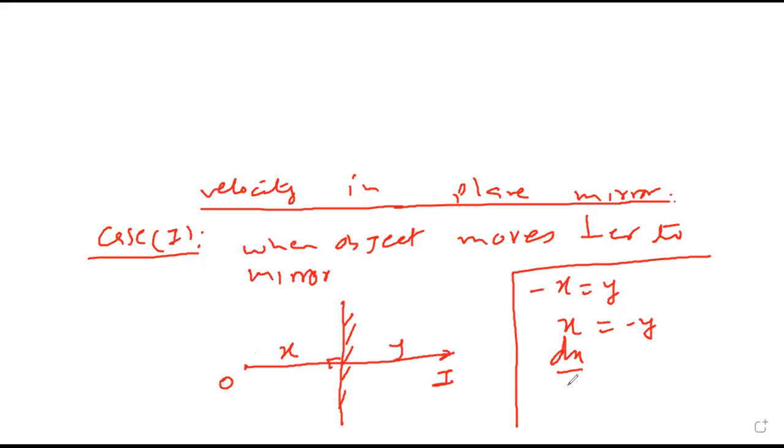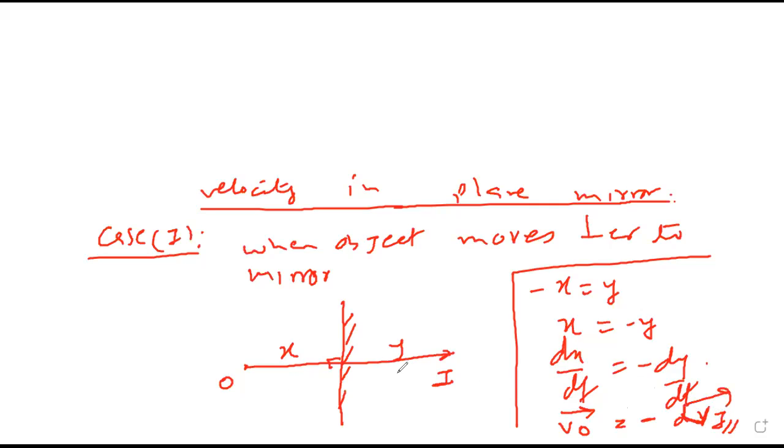Now, dx upon dt, can we say minus dy by dt by taking the derivative? Yes. So the velocity of the object is minus of that of the image. This much followed, I think.